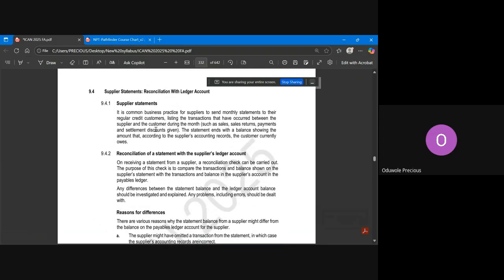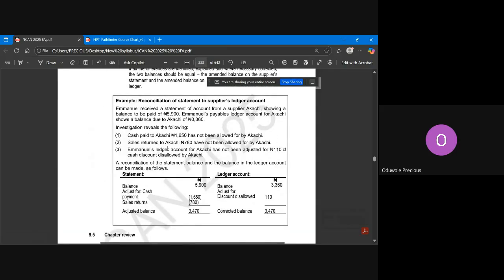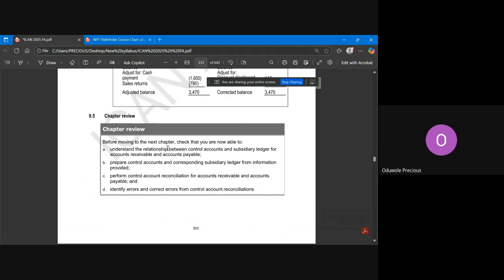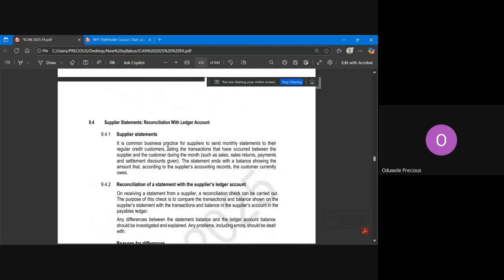Then this one is based on the supplier's statement, which they only ask in exams once in a while. This one does not have much because we have come to the end of the class. Let me just review the supplier statement. According to what is here, it is common business practice for suppliers to send monthly statements to their regular customers. When your supplier statement is not aligning with your own records, you also have reconciliation.